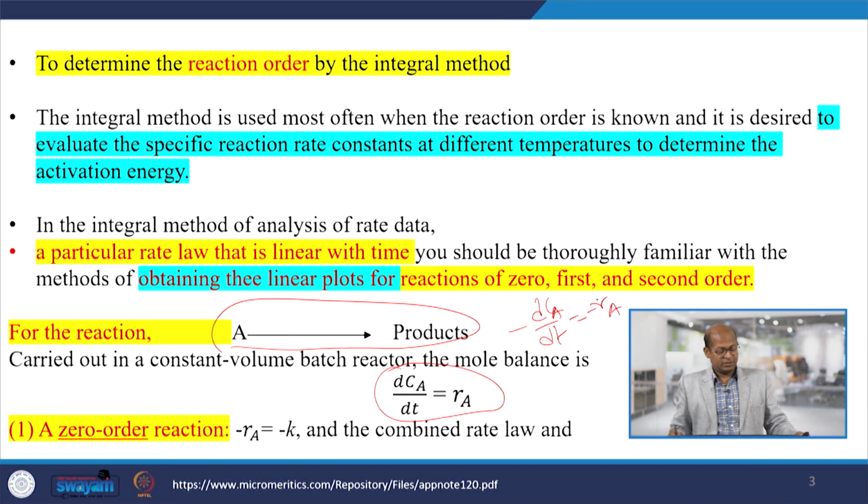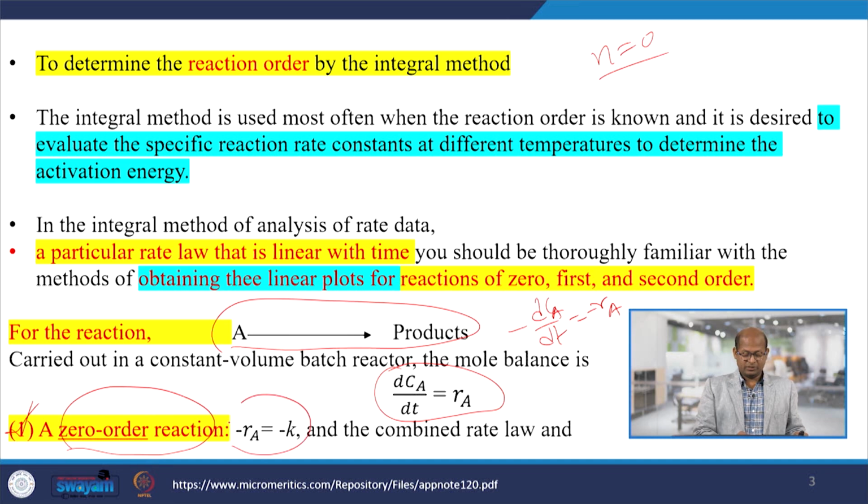If we consider n equals 0, meaning zero order reaction, then the rate equation would be this. If n equals 0, then minus R equals k, usually minus R equals k into C to the power n.